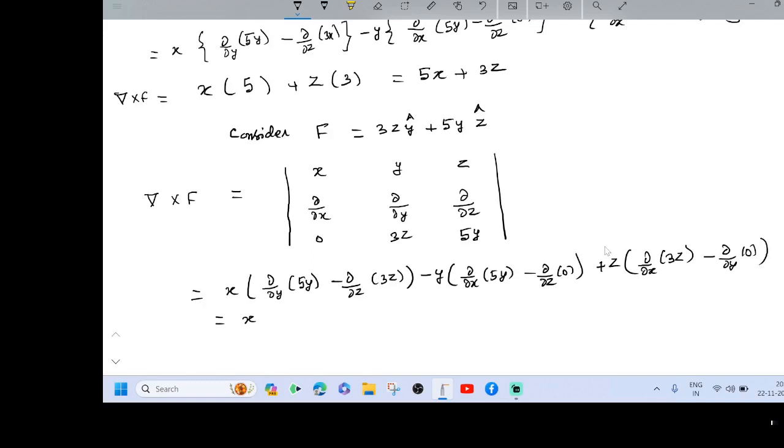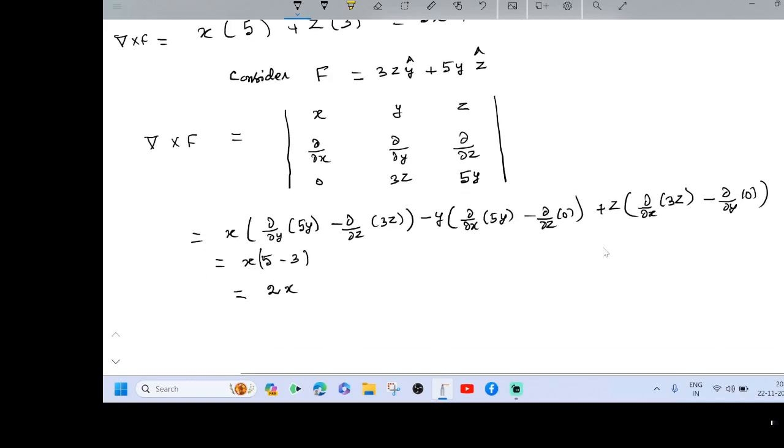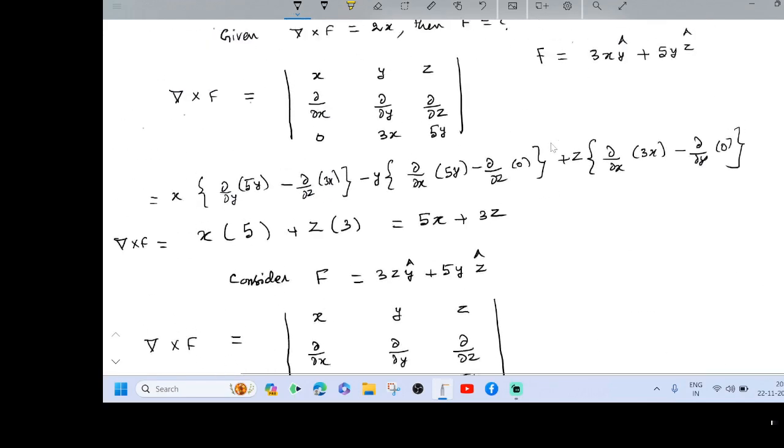This is equal to x into dou by dou y of 5y is 5. Dou by dou z of 3z is 3. Here dou by dou x of 5y is 0. Dou by dou z of 0 is 0. Dou by dou x of 3z is 0. Dou by dou y of 0 is 0. All are 0. So this is equal to 2x.